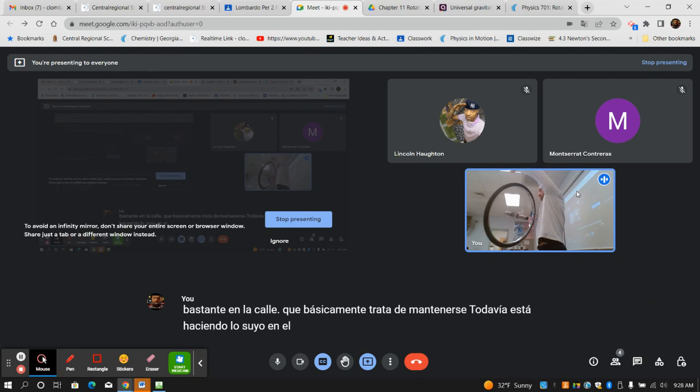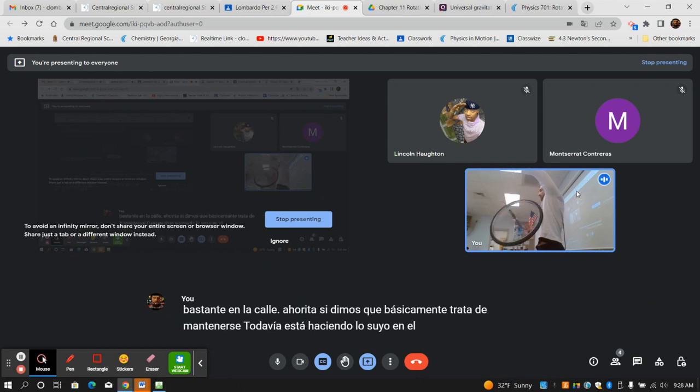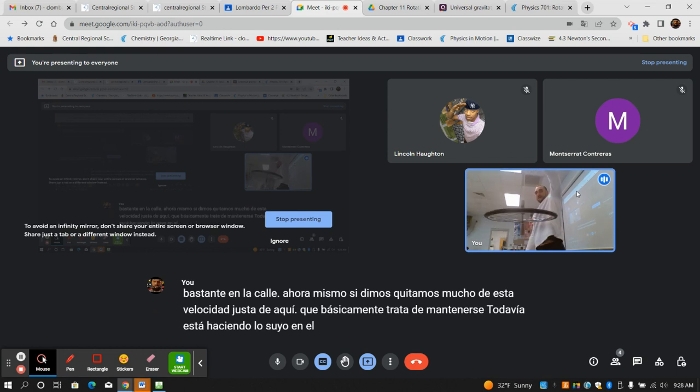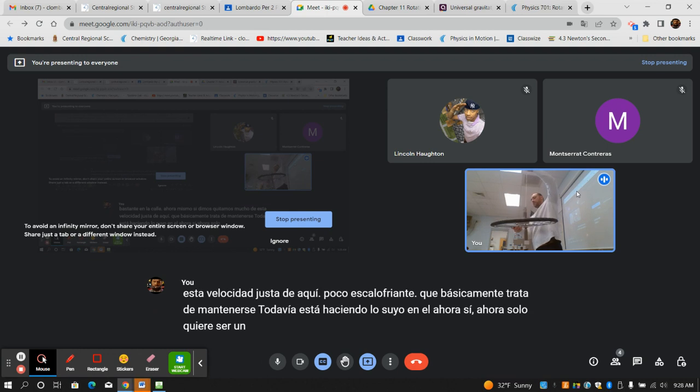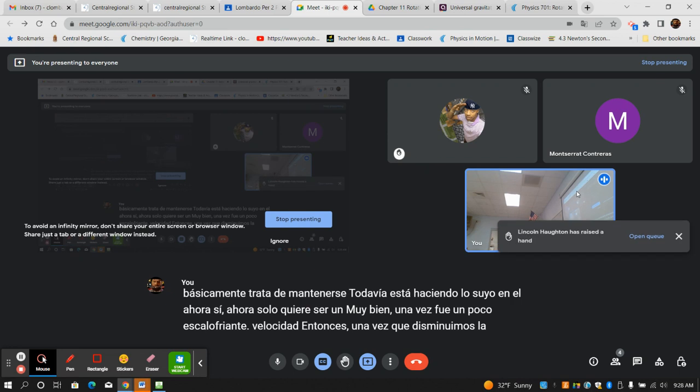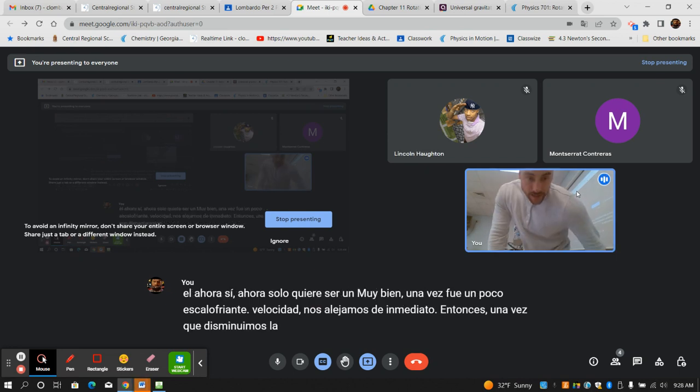Now if we took away a lot of the speed from here, now it wants to just be chilling. So once we slow it down, we take away a lot of that stuff.